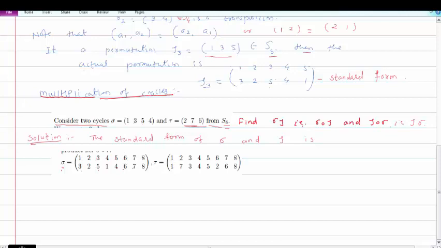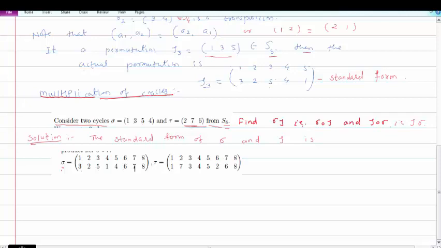And again consider τ, which is just given as (2 7 6): 2 goes to 7, 7 goes to 6, 6 goes to 2. So the standard notation of τ is, here again this belongs to S8, so we have taken all 8 symbols in the first row, 1, 2, 3, 4, 5, 6, 7, 8.